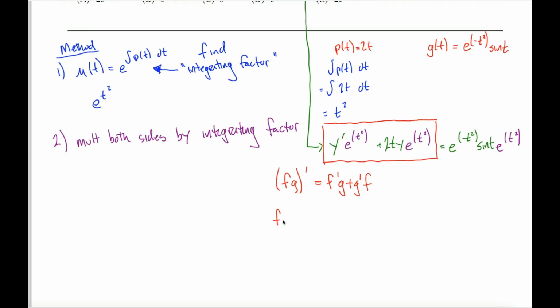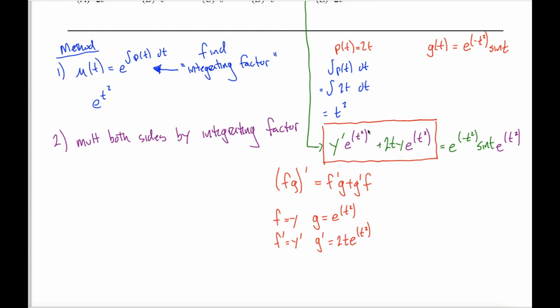Playing the role of f here is y, and playing the role of g is our integrating factor, e raised up to the t squared power. If f is y, f prime is just y prime. If g is e to the t squared power, thanks to the chain rule, g prime is e to the t squared power times the derivative of t squared, in other words, 2t. That's f prime g plus g prime f.